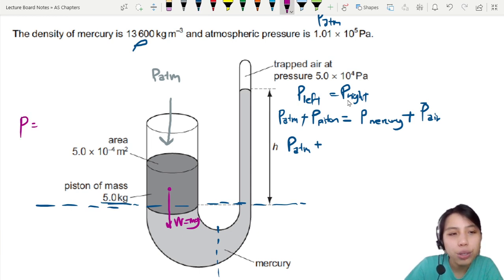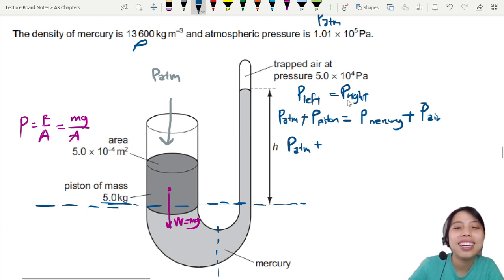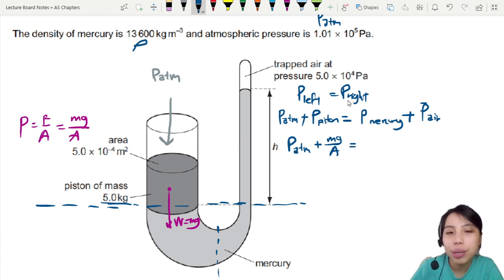So pressure is force per unit area. This piston is heavy. So that will be mg, which is the weight per unit area. So later must put here, okay, mg per unit area. And then mercury. Since this is a column of liquid, then we will want to use our rho gh. And lastly, pressure of air.